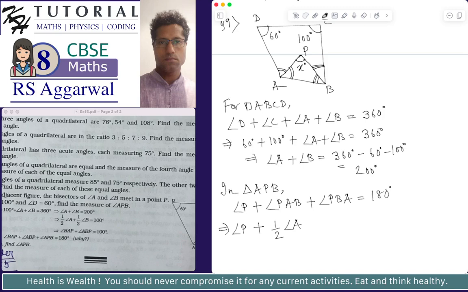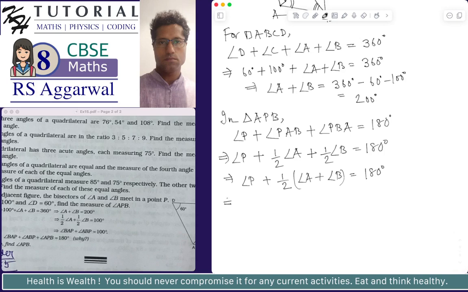So we must have angle PAB should be equal to half of the angle A. Similarly, angle PBA will be half the angle B. Now this implies angle P plus half, if we take half common, we get half multiplied by angle A plus B equal to 180 degree.